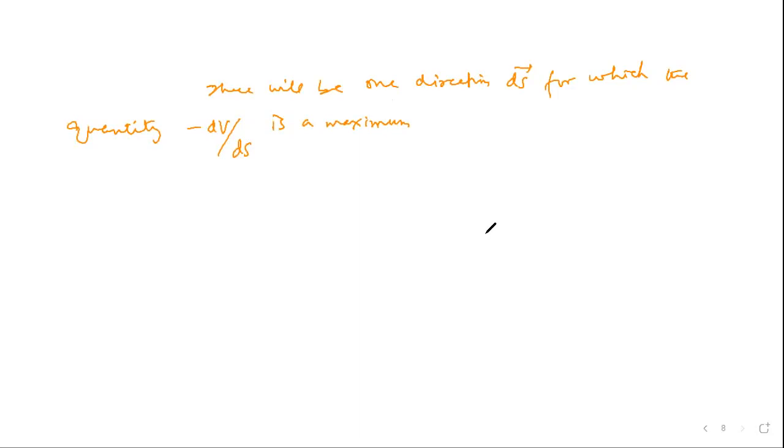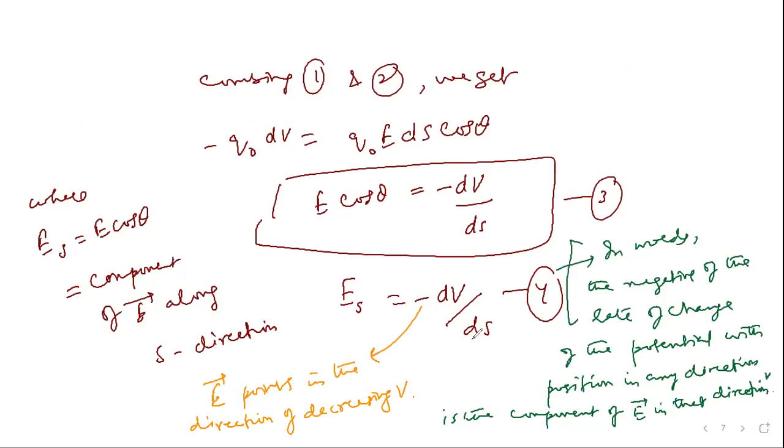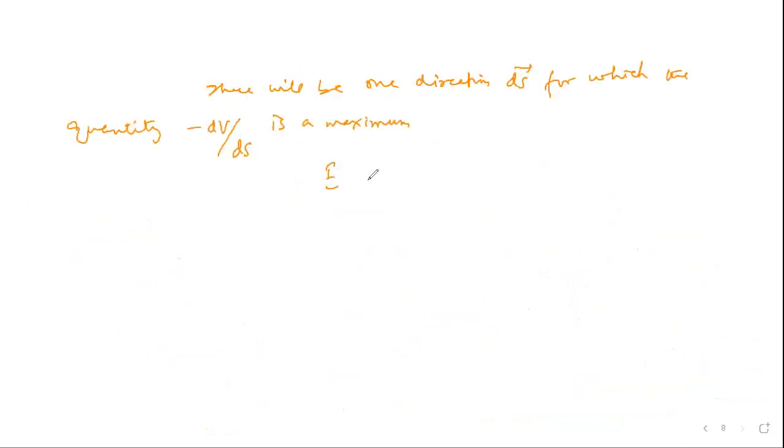And from equation 4, we see that Es will also be maximum for this direction and will in fact be E itself, right? E is minus dV by ds max, and in it 5.